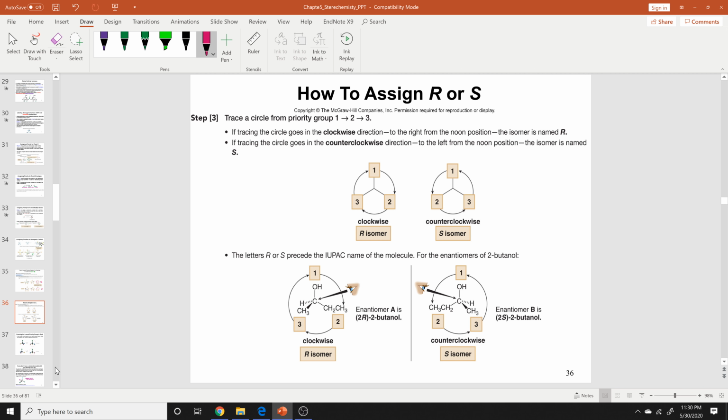So when you're naming it, you have to locate where your chiral center is. Here in this case, my chiral center is on carbon number 2. This is 1, this is 2. This is naming of alcohols. We didn't discuss this yet, but to name alcohols, you simply give the OH the lowest number.